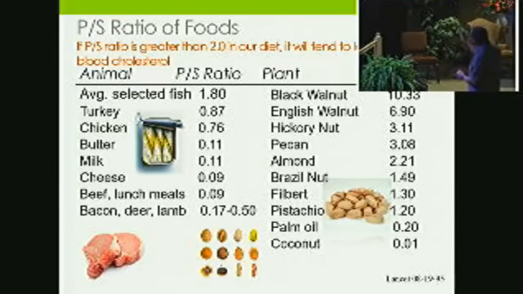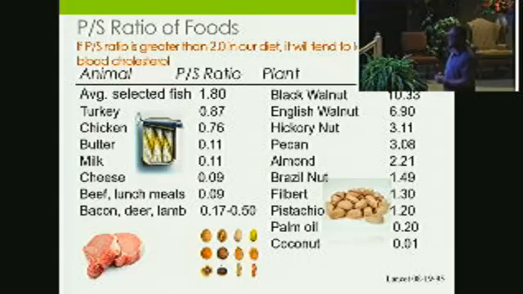And as you notice, as we leave the meat and get over into the nuts and into some of the healthier stuff, you can see where the ratio goes up real high. I don't even know what black walnut is. It's similar to the English walnut. Well, that thing has a ratio of 10. I mean, really? How do they crack it? I don't know, but they chew through it with their teeth. Oh, okay.